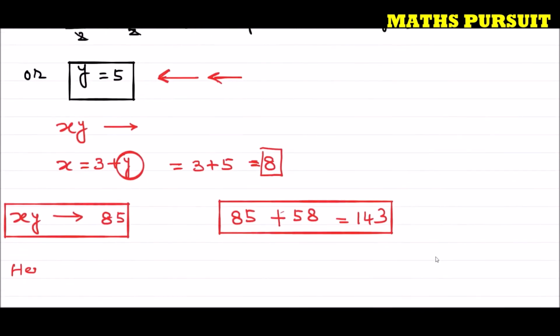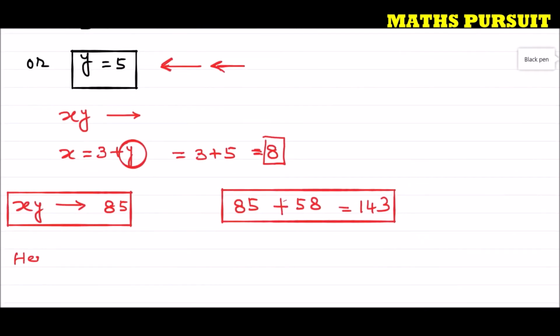So we can write, hence the original number is 85. Hope you understood this. This is a little bit confusing, but if you understand the question, then this becomes very easy.